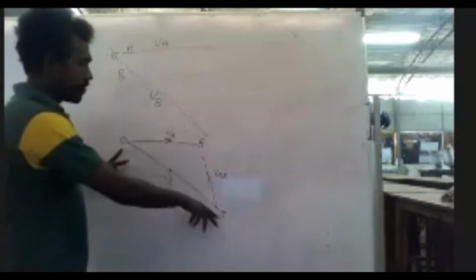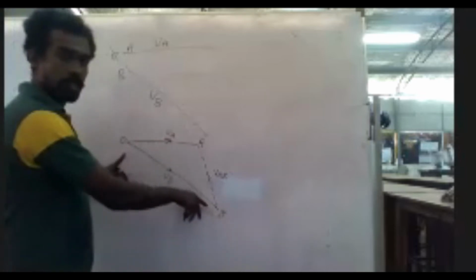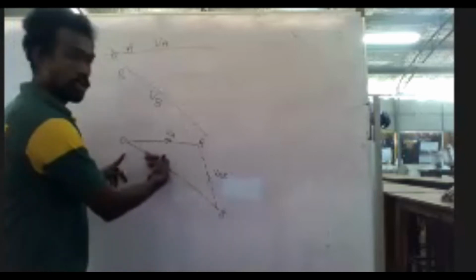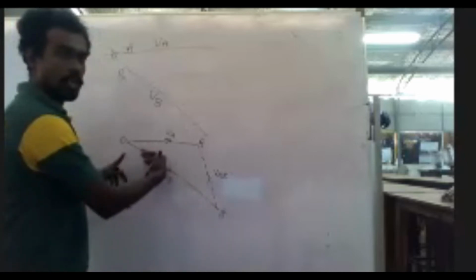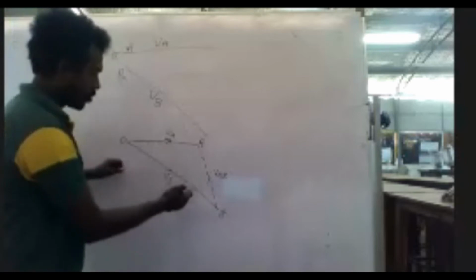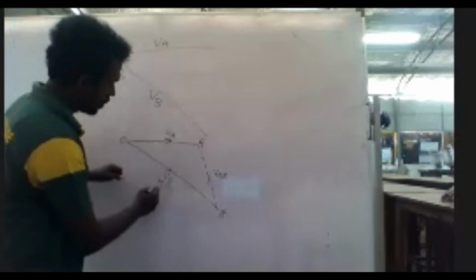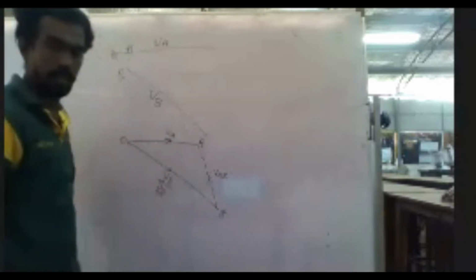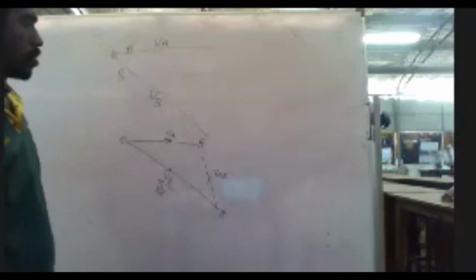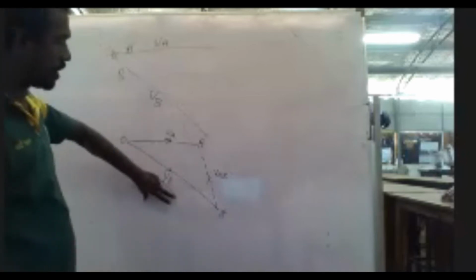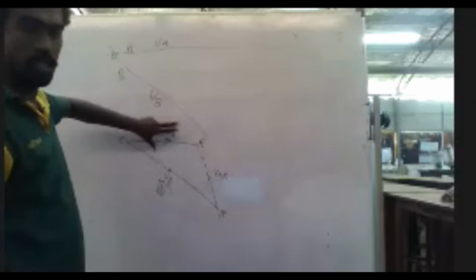Since this is moving with VB this way, I'm going to apply a velocity the other way, right? So I will apply VB this way. Then, in a similar way, this VB I have to apply to this body also, right? Then only I can stop this body.